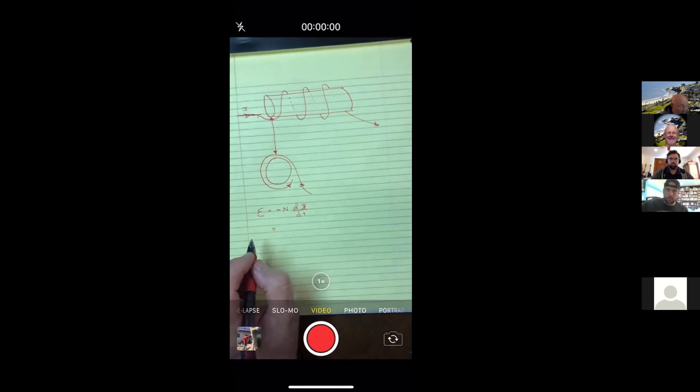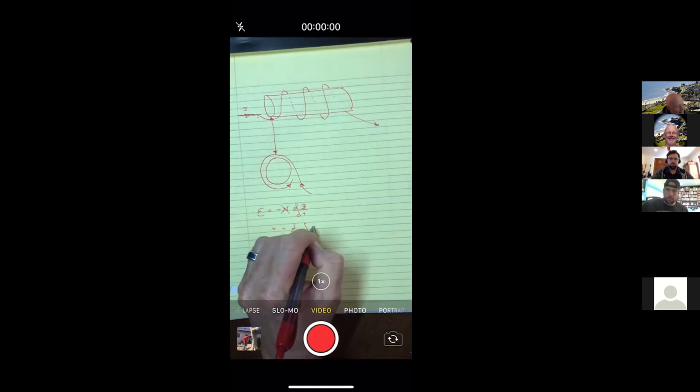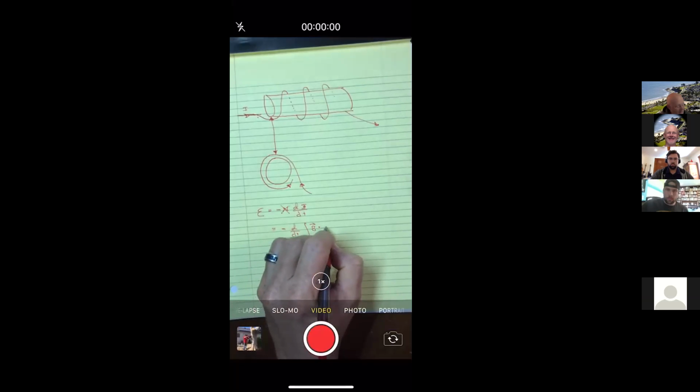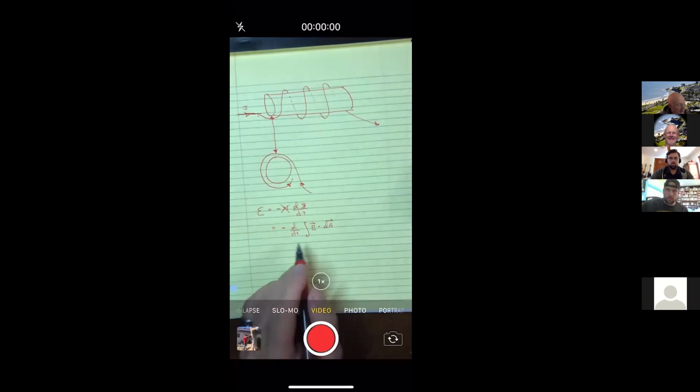So this is written, I think, a little better when you write it as I did in chapter 34 here at the end, where if we kind of ignore the number of loops for a moment, we'll put a minus, and then we take the derivative and we write it as a magnetic field. Okay, so that shows up a little bit better.